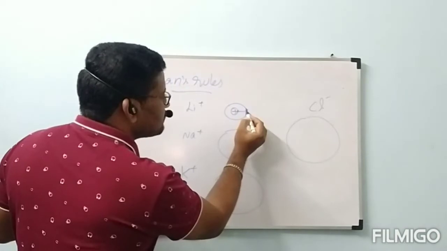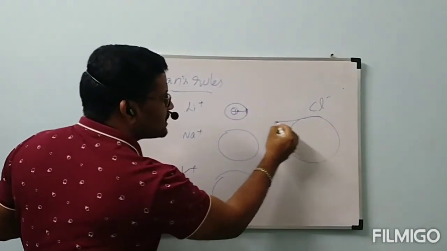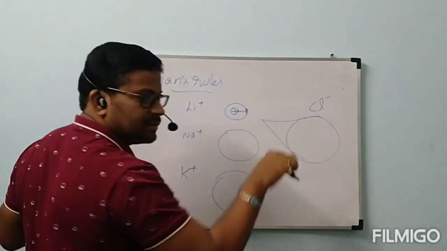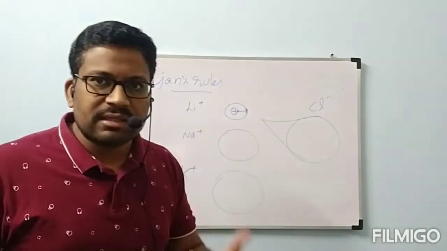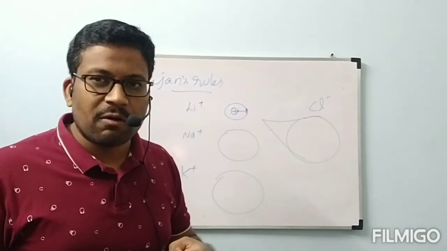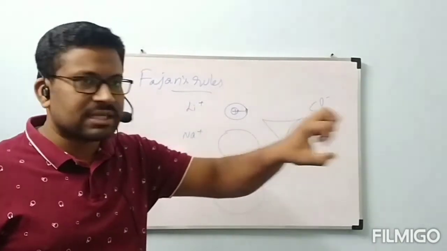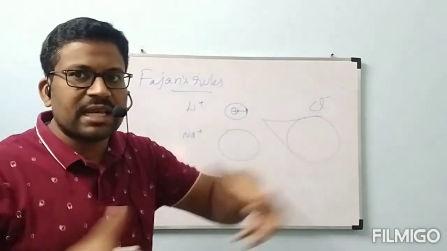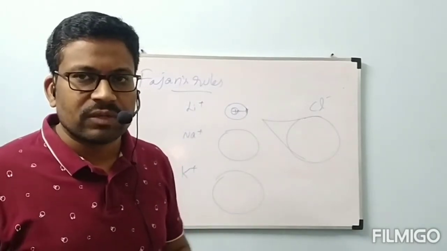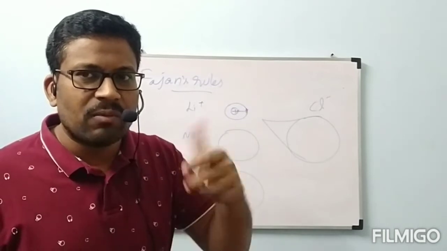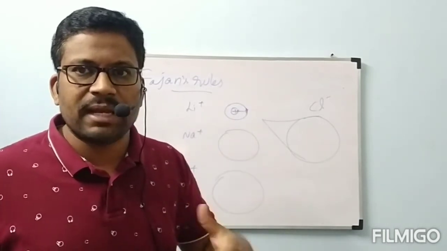Then this one will make the Cl minus be polarized easily. Polarized is nothing but that Cl minus comes towards this one and complete sharing will happen. Then it has covalent character.